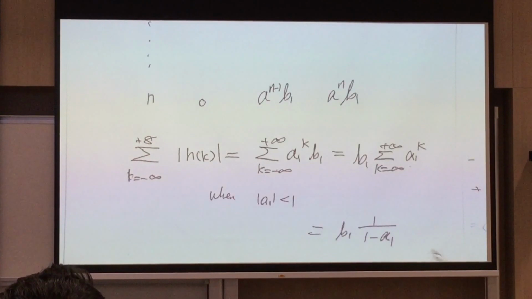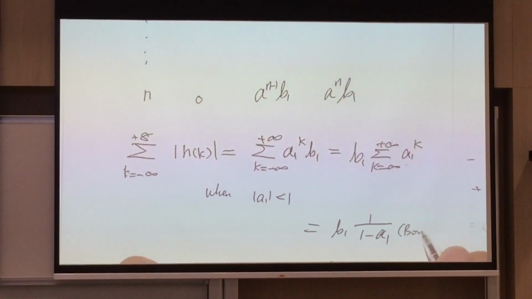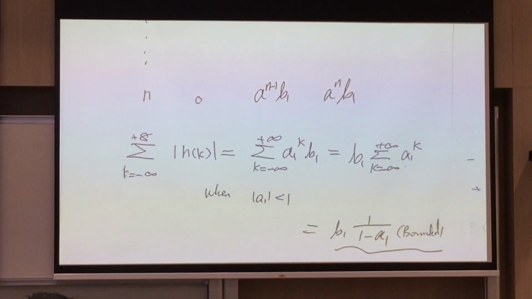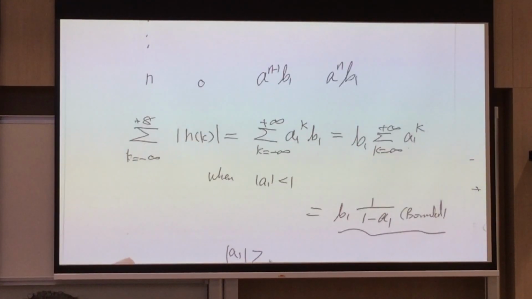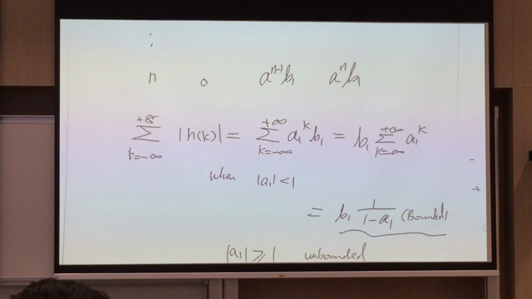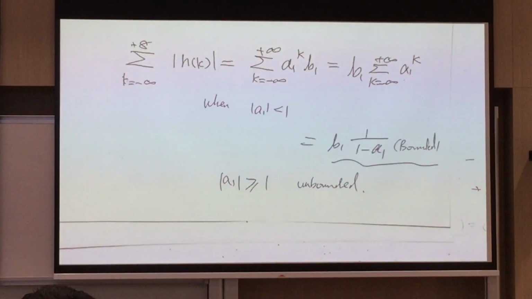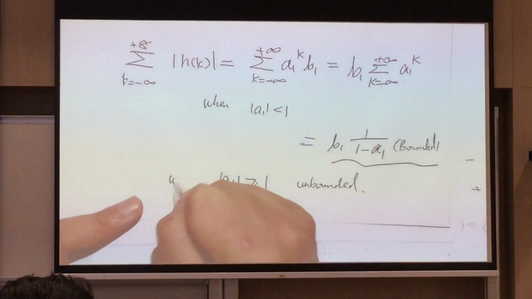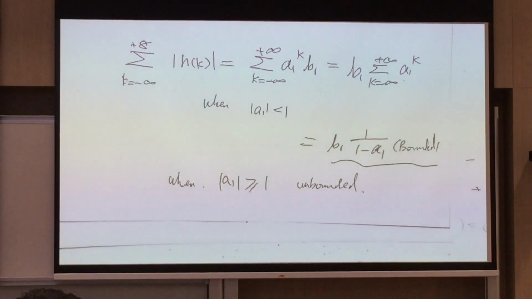Then this one is so-called bounded, because this is the final value, right? But if your a1 is greater than or equal to 1, it will be unbounded. So what's the condition for the system to be stable?